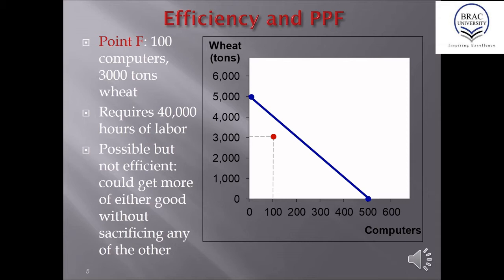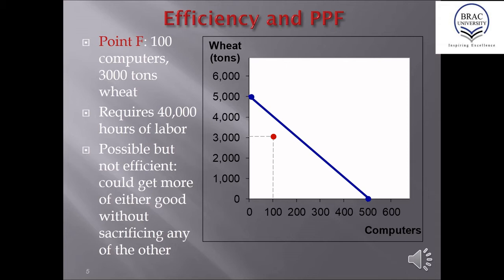Now if you remember, we are given that the total labor resource of the economy is 50,000. But here, when we are producing at point F, we are only using 40,000 labor hours. So there are excess 10,000 labor hours which we can use to produce more wheat and computers.